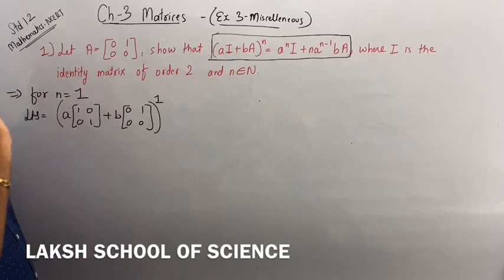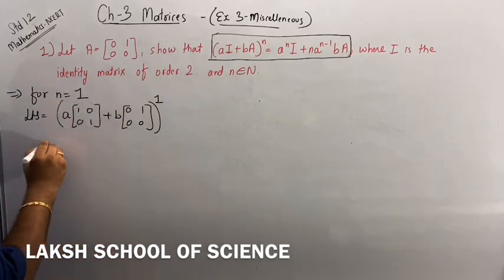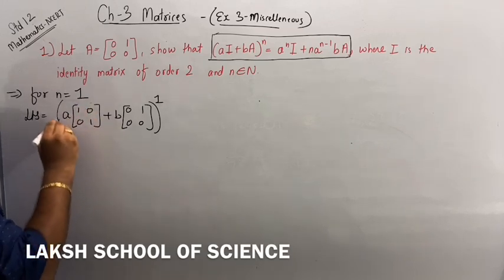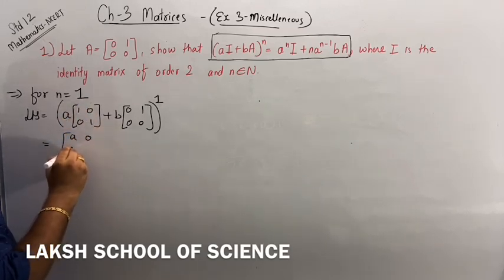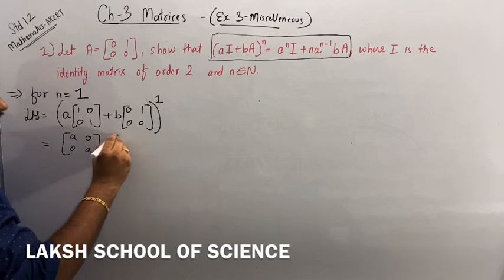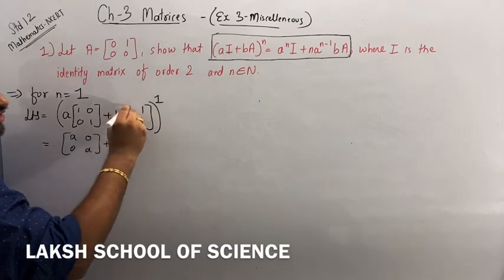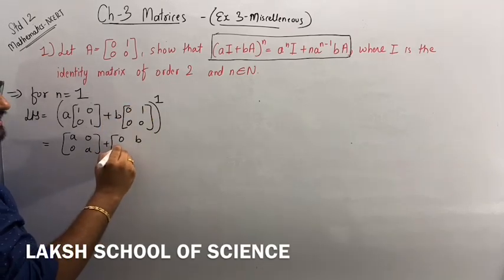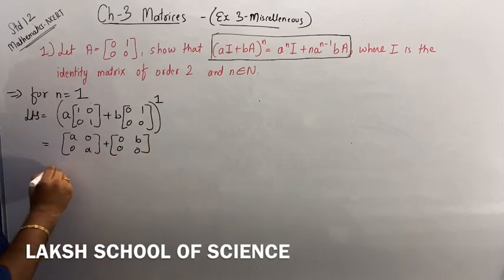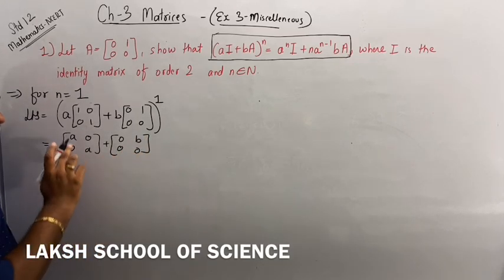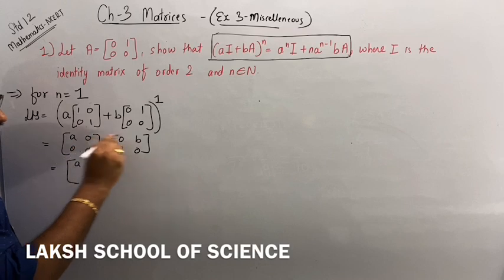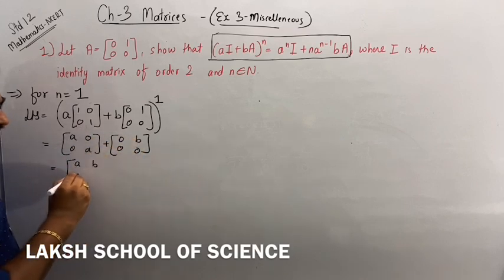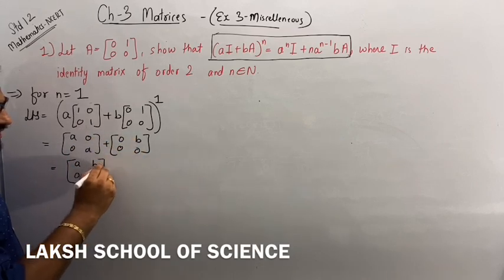What is n? 1. So this will be equal to A multiplied by B, giving 0 into B, B, 0, 0. Now add both the matrices: A plus 0 is A, 0 plus B is B, 0 plus 0 is 0, A plus 0 is A.